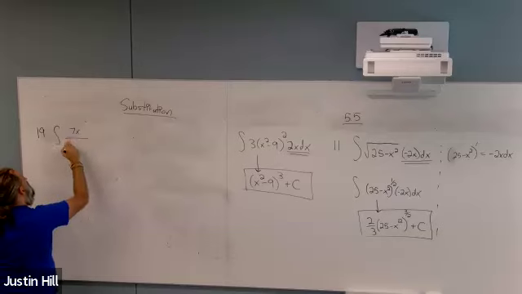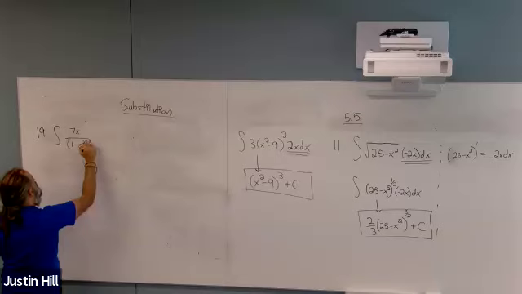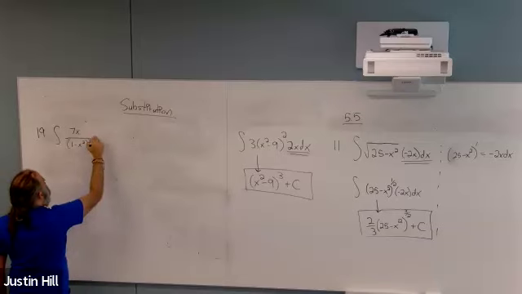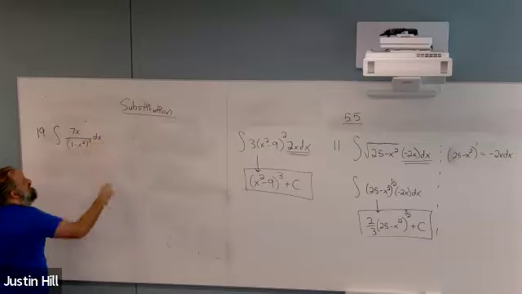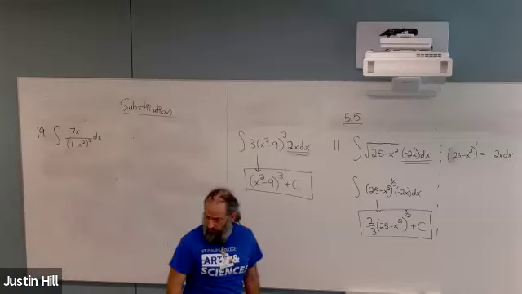Seven x over minus x squared cubed dx. 19 and then let's do 21.